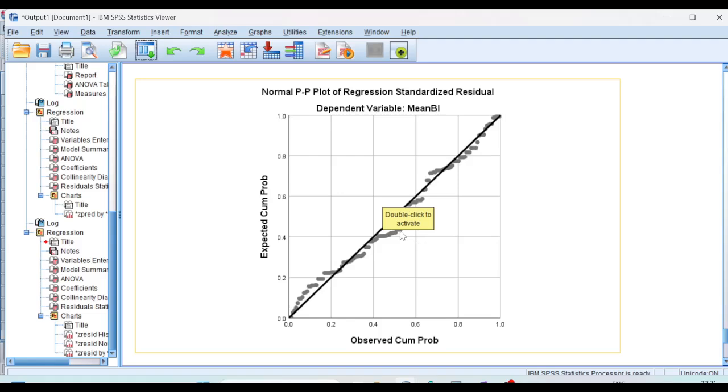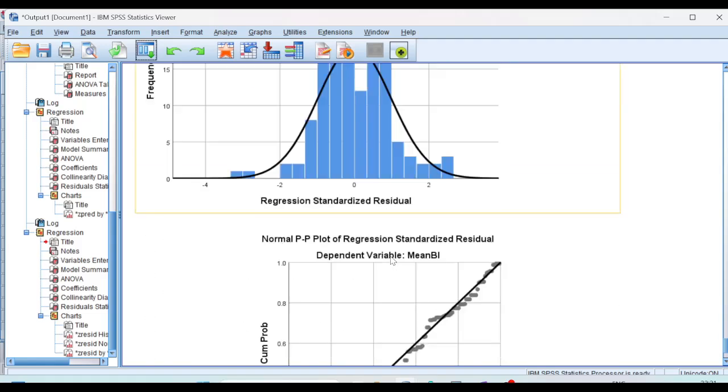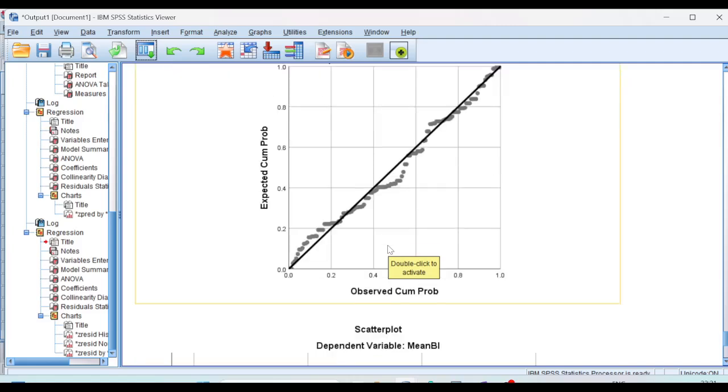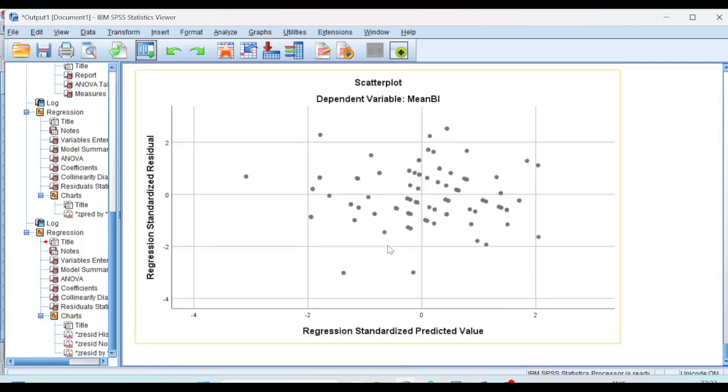They should not deviate much from this straight line. And then we have this behavioral intention as the dependent variable and regression standardized predicted value on the x-axis, regression standardized residual value on the y-axis.